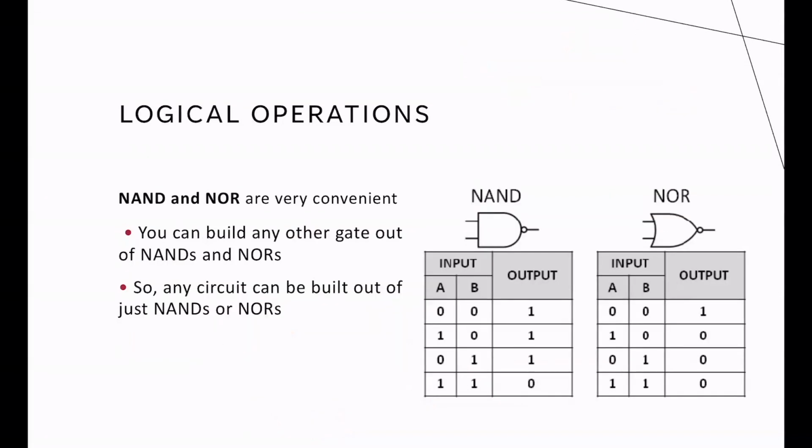So NAND and NOR are very convenient. We can build any logic gates out of NANDs and NORs. It's easier to build a physical circuit, but that's the details of a lower level. It's easier to build the circuit from NANDs and NORs than ANDs and ORs.